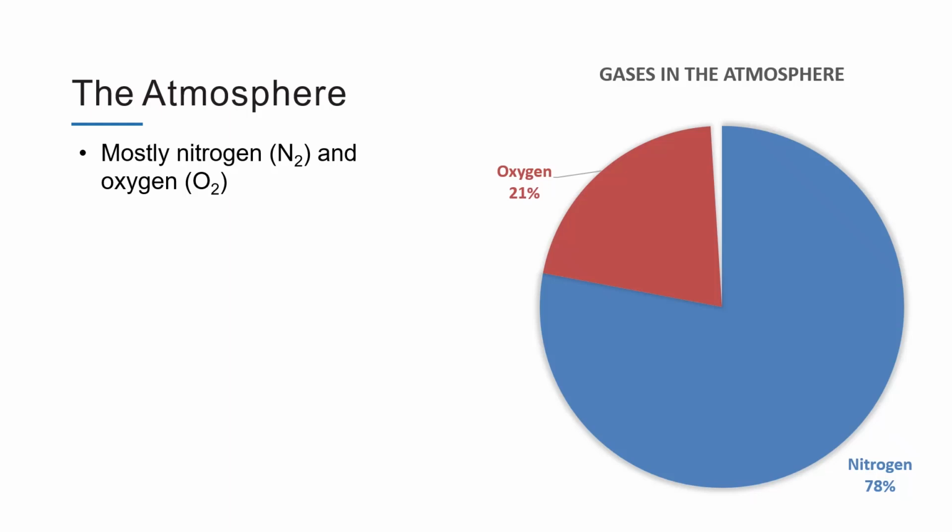This might be a little surprising since we humans really focus on oxygen because oxygen is the part of the air that we use for our biological processes like breathing. The air also contains about 1% of argon and a tiny percentage of other gases.